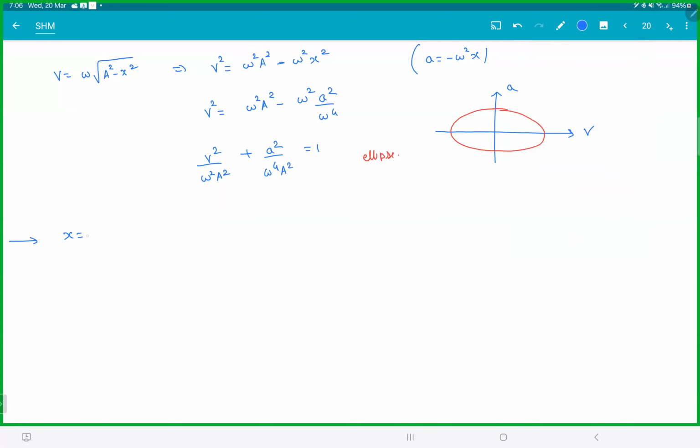And we know X is equal to A sine omega t. Consider phi is equal to 0.